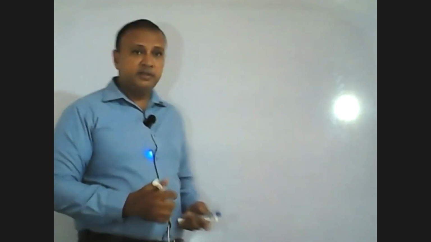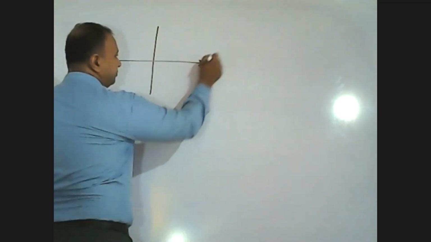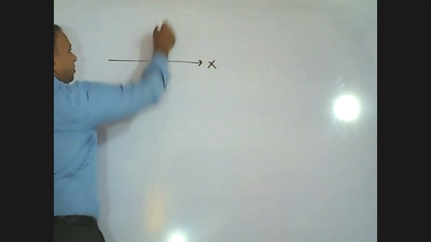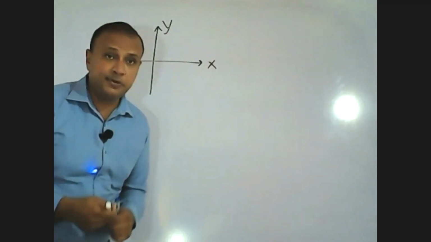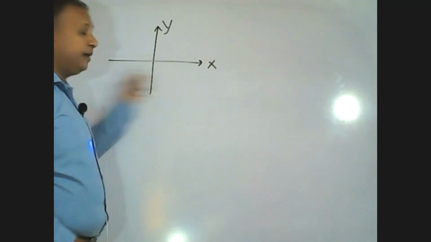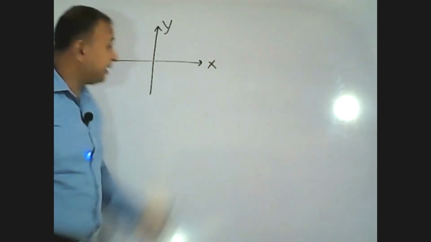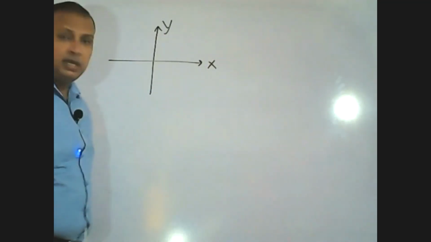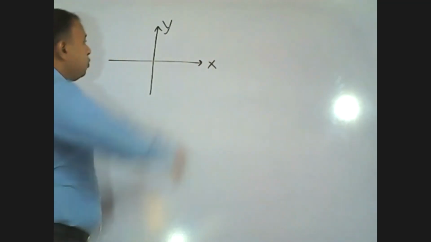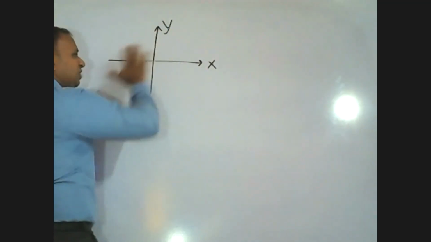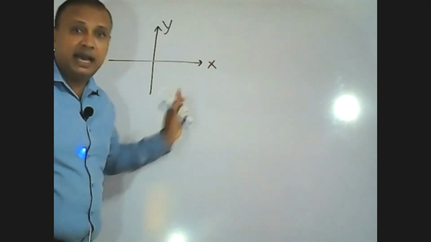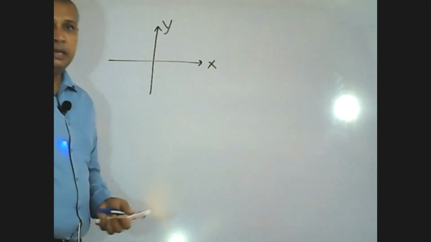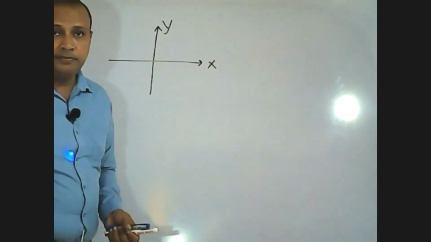There are 4 quadrants. We have defined that. What are those 4 quadrants? Suppose there are 2 Cartesian axes, X and Y. We call this plane the Cartesian plane.